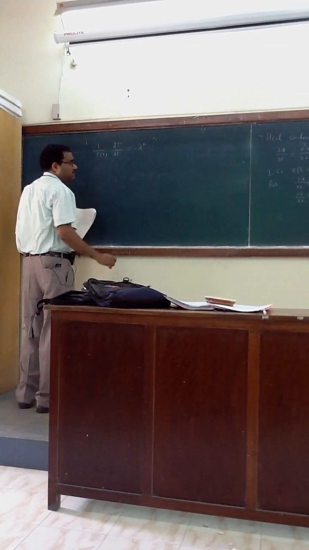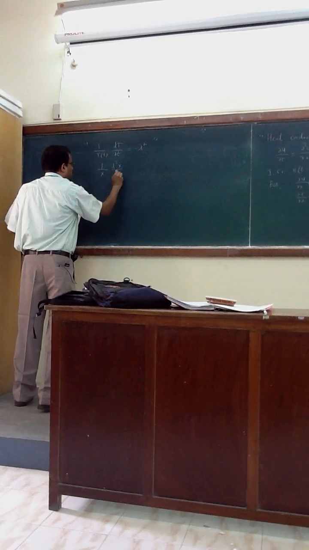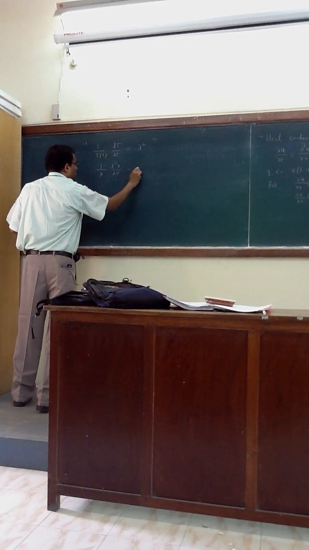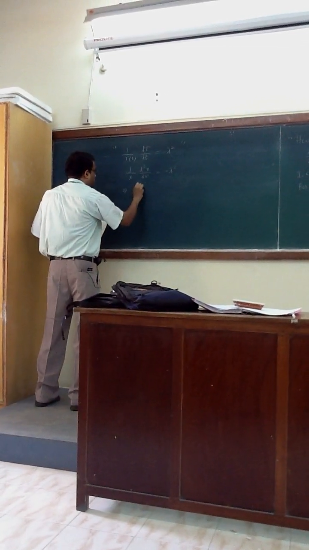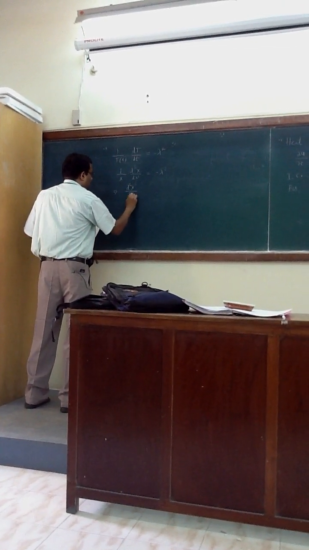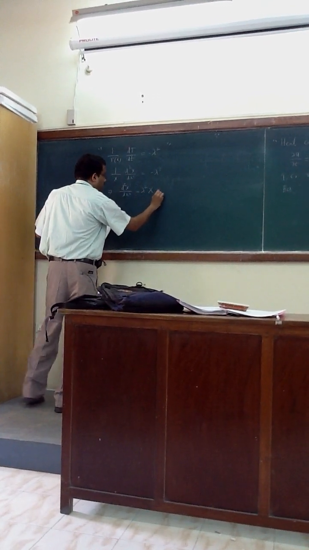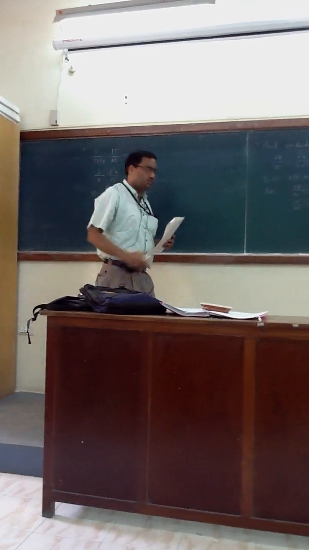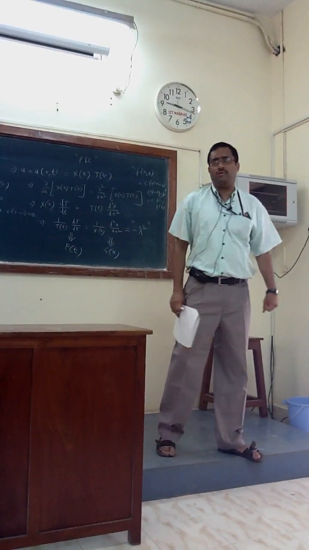Another part is 1 by capital X, d2 capital X by dx square equals minus lambda square, which gives d2 capital X by dx square plus lambda square capital X equals 0. Which is looking like what kind of problem?